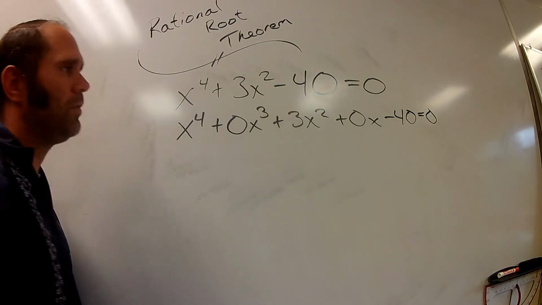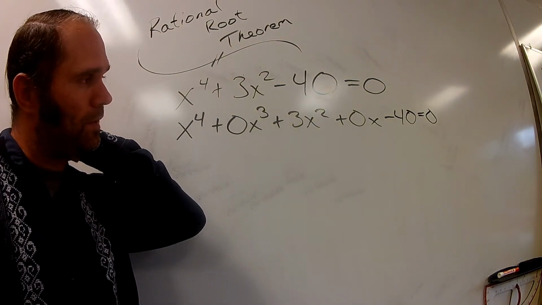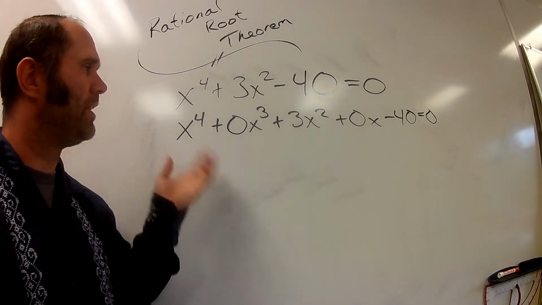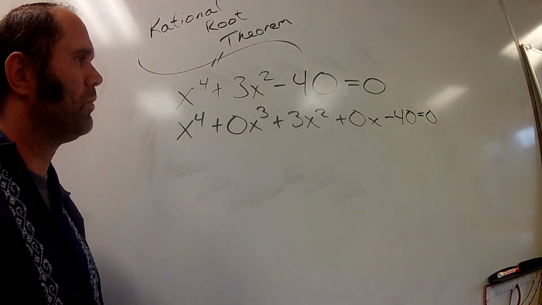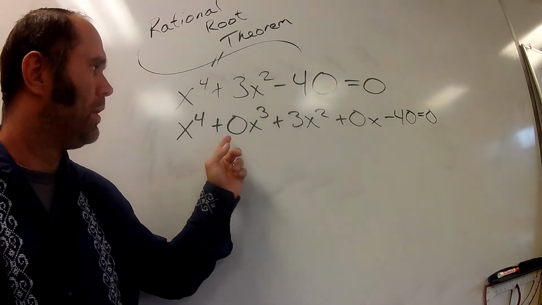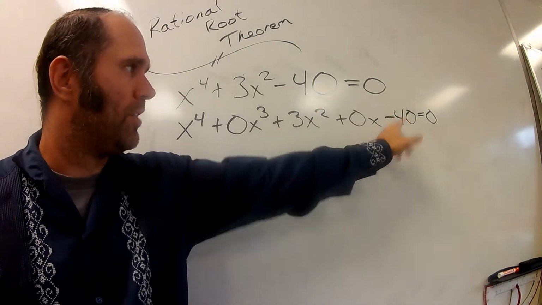It might not be necessary in this step, but it oftentimes helps me to see what the equation really looks like in standard form: ax to the fourth plus bx cubed plus cx squared plus dx plus e.